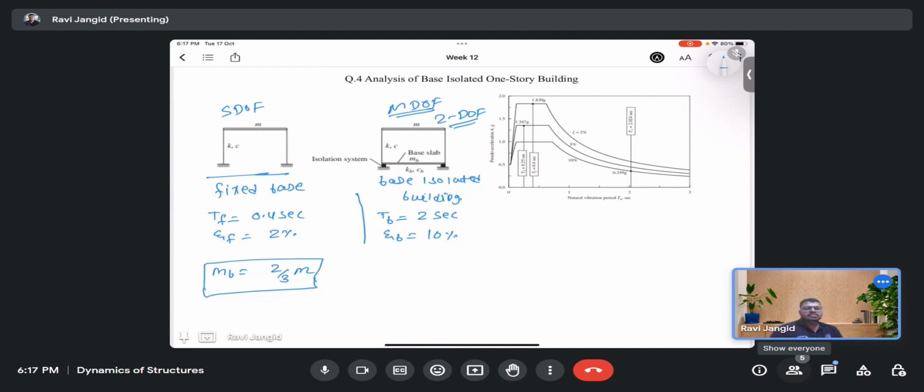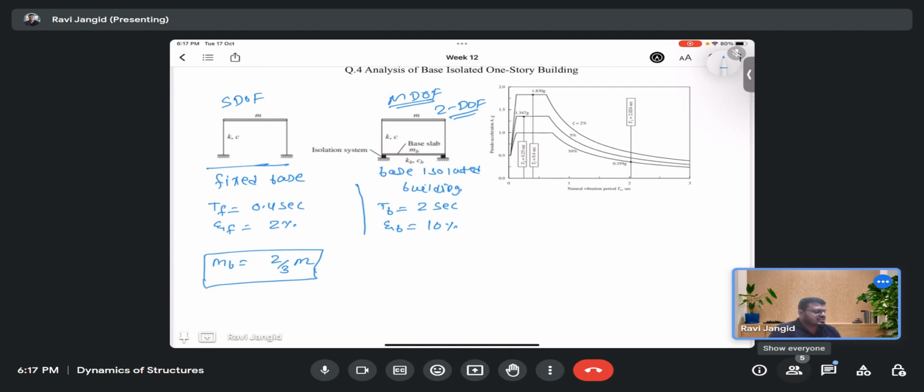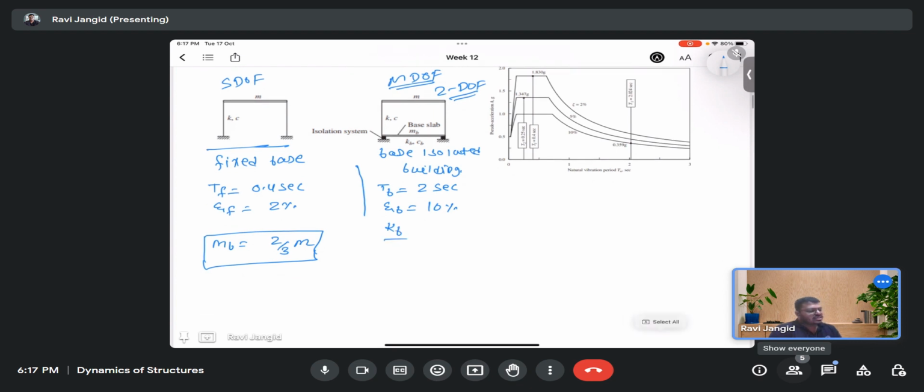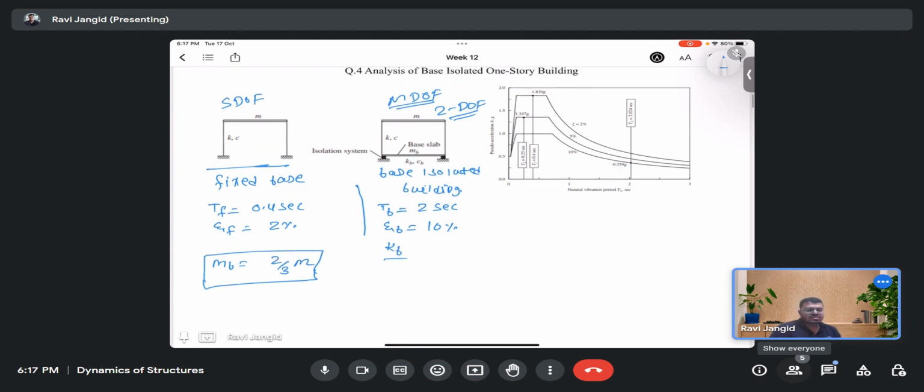The stiffness of the superstructure is K, and the stiffness of the base isolator is KB. I can write the properties here, how those things can be calculated.